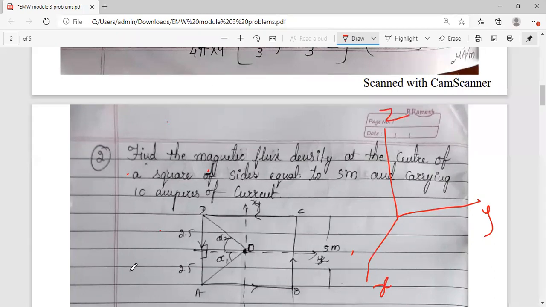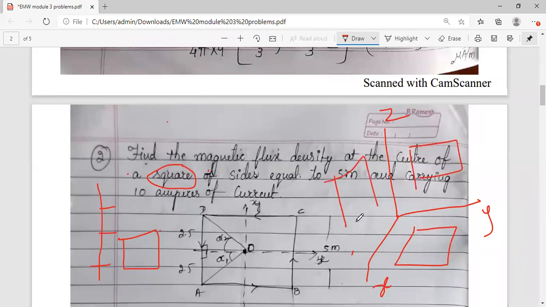Obviously, the square loop which is given to you, your conductor, a straight conductor, is bent and formed like this. So this loop is kept. Obviously, if it is a loop, you cannot use all three coordinates. Either this loop can be kept here or here or here. So you're free to choose your position of this loop.